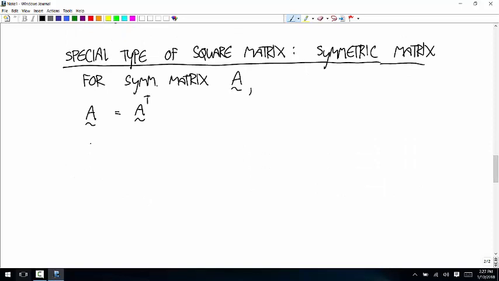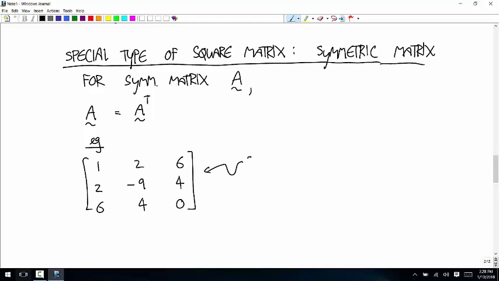Okay, so for example, 1, 2, 6, 2, -9, 4, 6, 4, 0. That's a symmetric matrix.